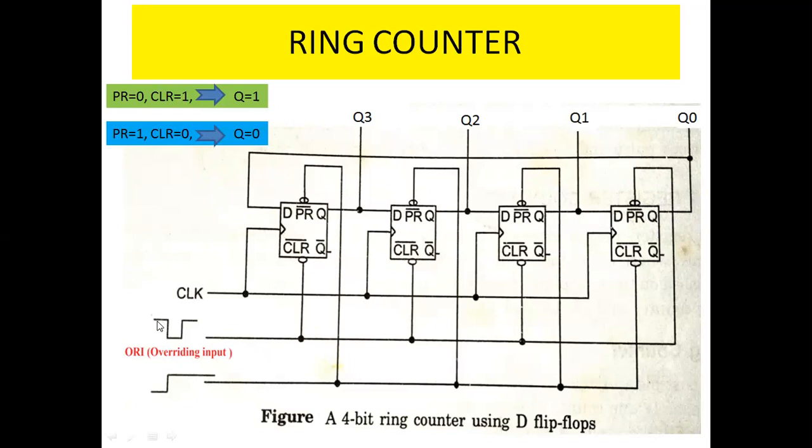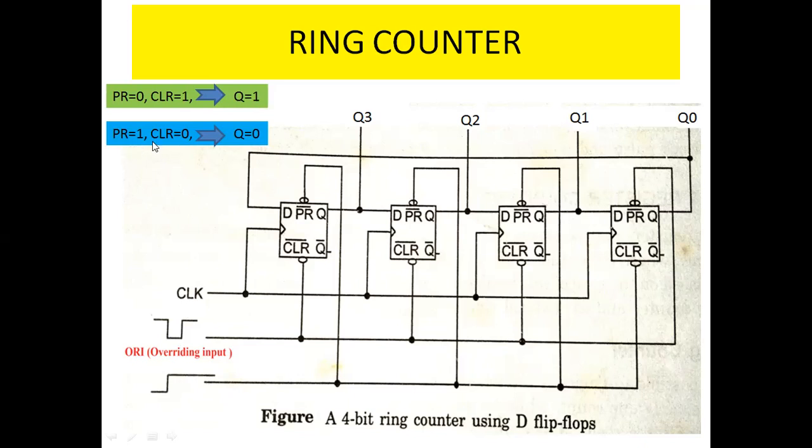And here, the clear input of the first three and the preset input of the last flip flop is first given low and then high, and the preset of the first three and the clear of the last one are always given high. We know that if preset is 0 and clear is 1, then the output will be 1.